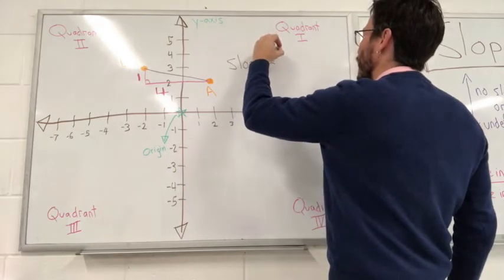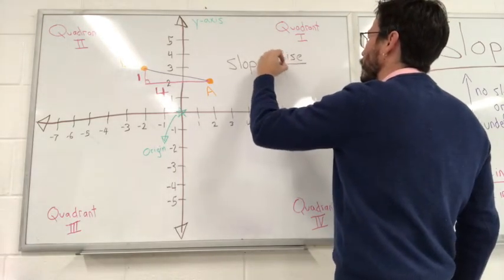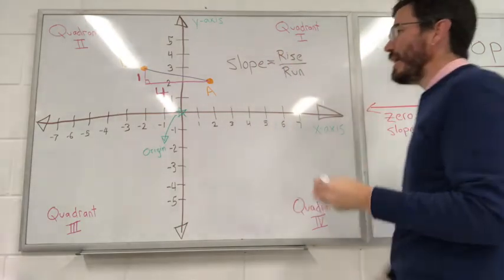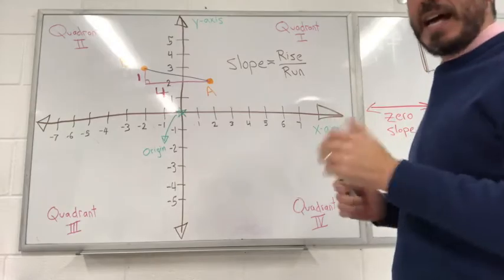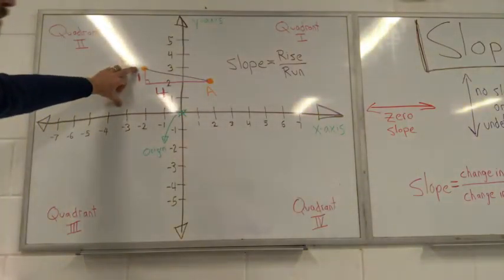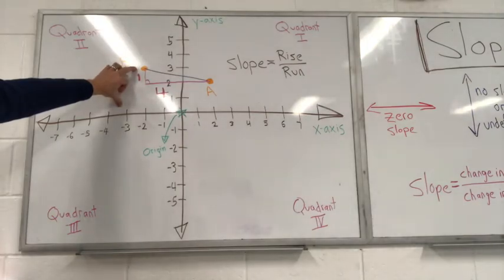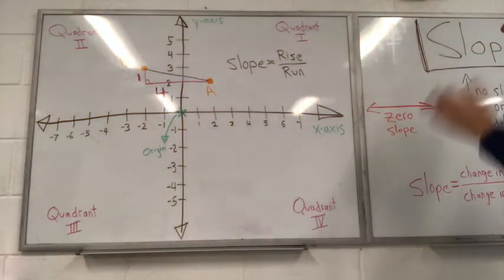Slope is rise over run. What does that mean? What it means is if we want to find the slope of this line, we start to the left, and we say how far did it rise versus how far did it run?